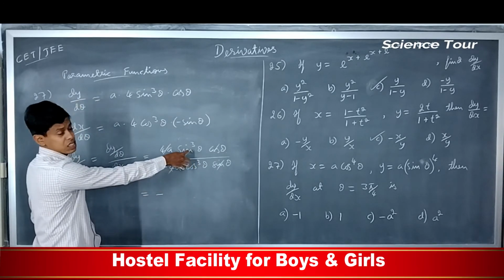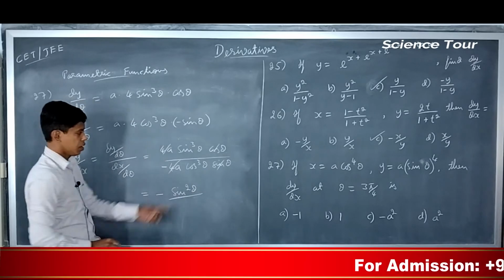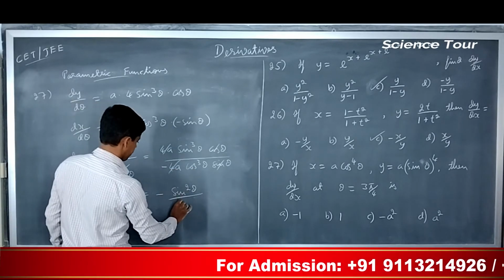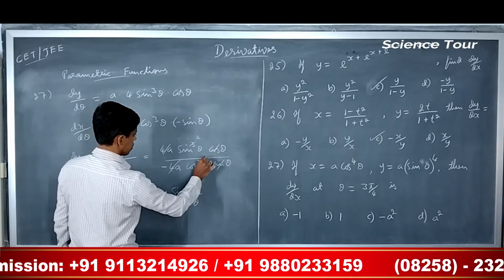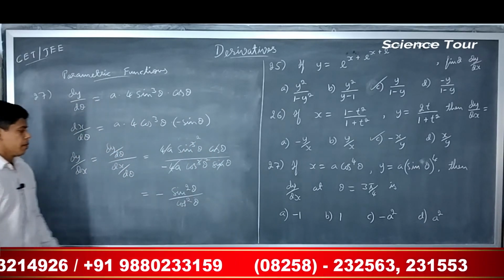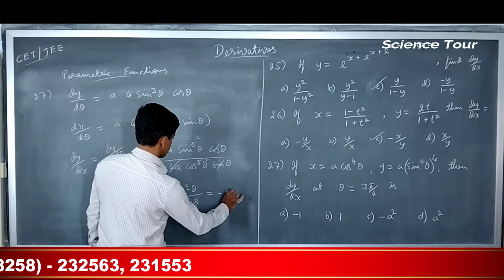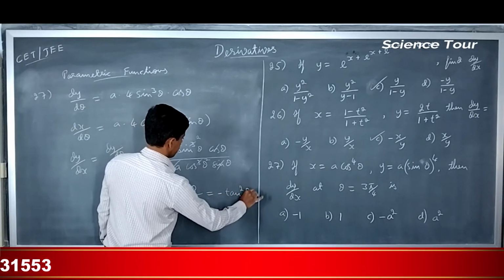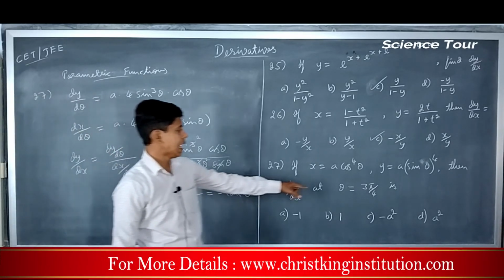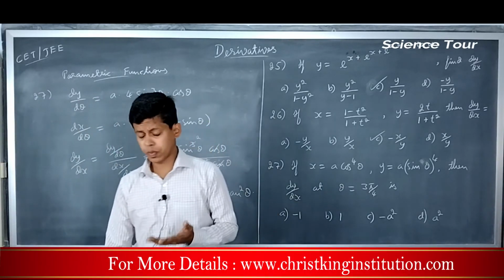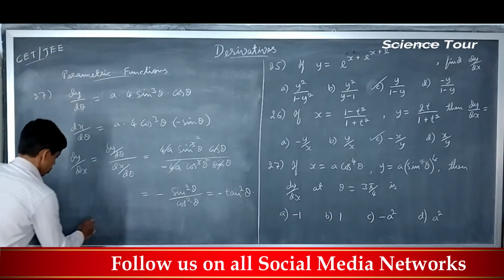So, you will have sine square divided by cos square, correct? Well, now what is sine square by cos square? It is tan square theta. Well, you have got tan square theta, that is dy by dx, but we need at theta is equal to 3 pi by 4, just substitute that, you have your answer.